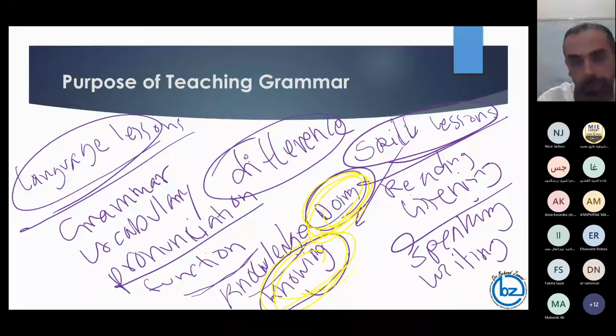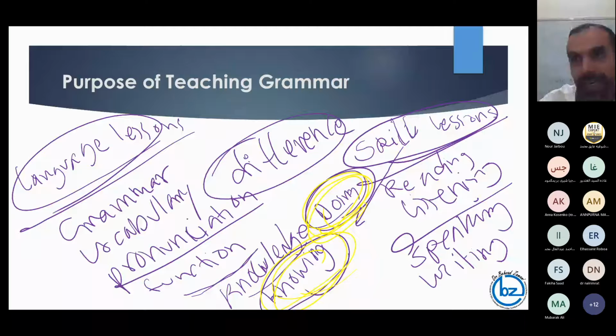So when I open my book, and it's a language lesson, simply grammar, vocabulary, pronunciation that I want to teach, I'm giving some more knowledge to my students. Is it a skill?